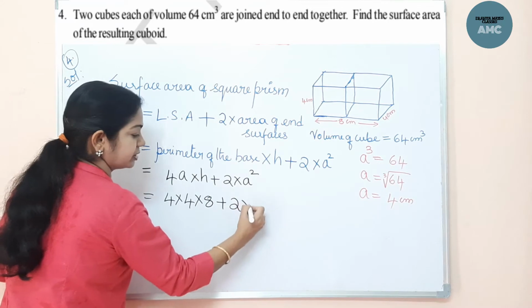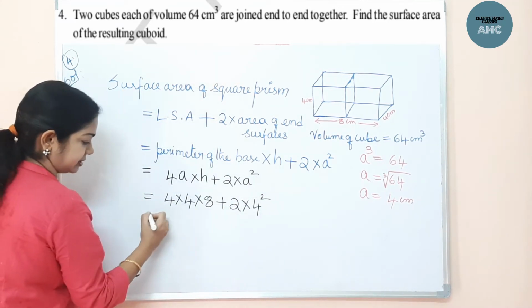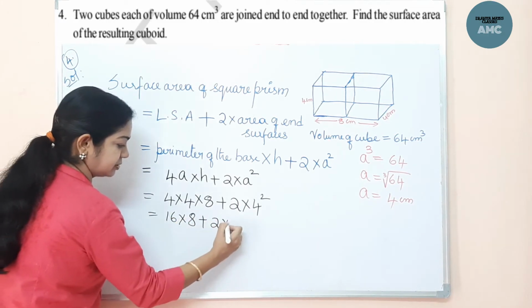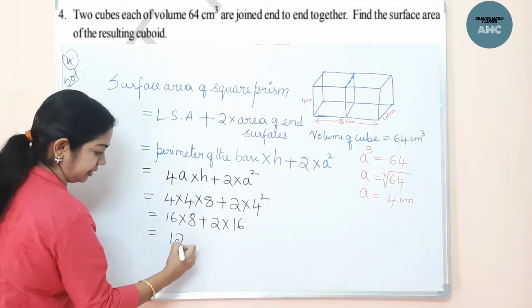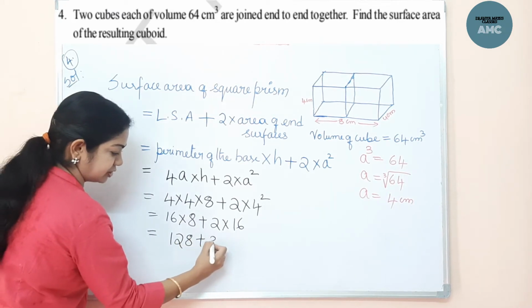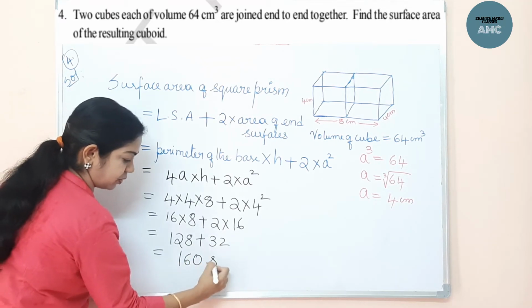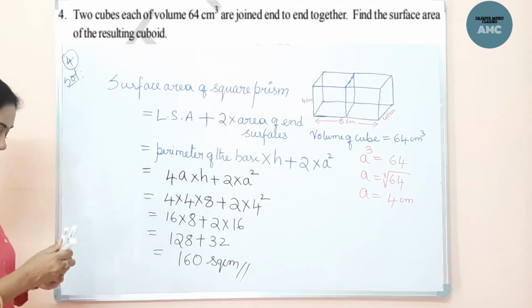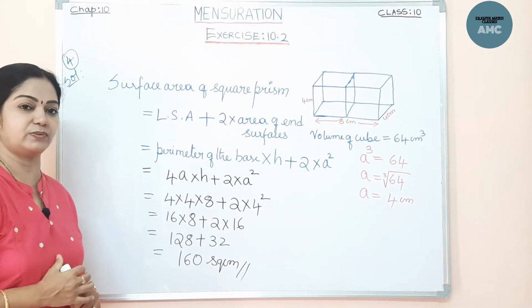Plus 2 into 4 square. So this comes to 16 into 8 plus 2 into 16, which is 128 plus 32. So this comes to 160 square centimeters. So the surface area of the combination of the solid is 160 square centimeters. Quickly pause the video and note it down.